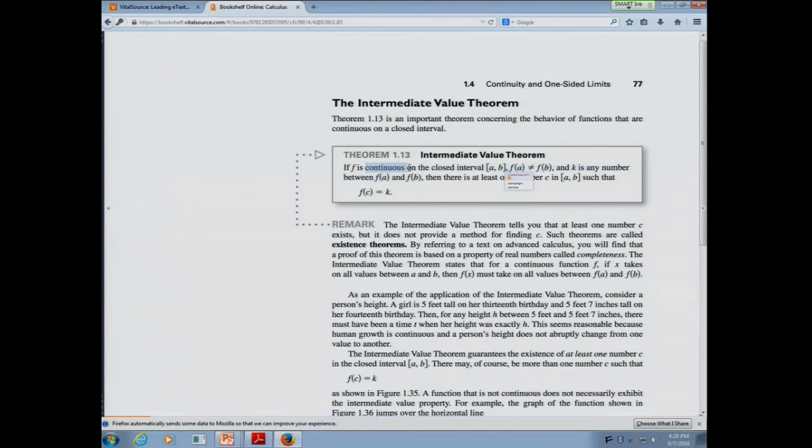We want our function to be continuous. That means no breaks. Now, if k is a number, a y value, between these two beginning and ending y values, the intermediate value theorem says there must be an x value c on my interval that yields that particular y value. Now, it's a lot to say, but it's easier to see graphically. Let's take a look at a graphical representation of that.